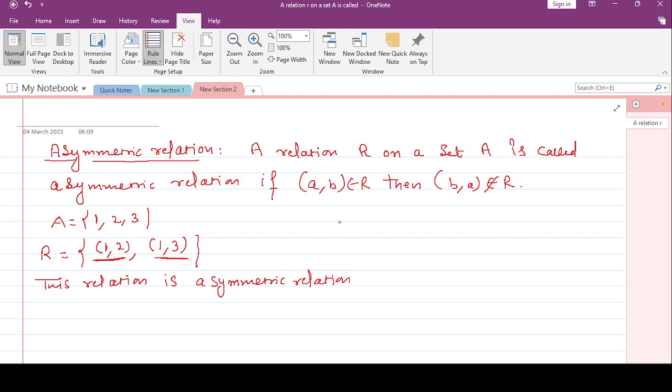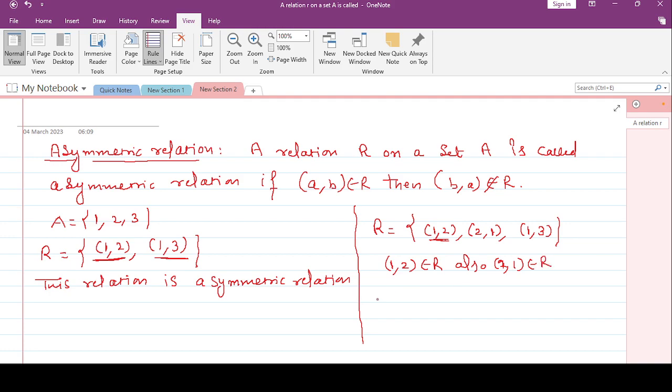Now see another example. Suppose you take this relation: (1, 2), (2, 1), (1, 3). Here (1, 2) is a member of the relation, but (2, 1) is also a member of the relation. So this condition is violated by this relation.